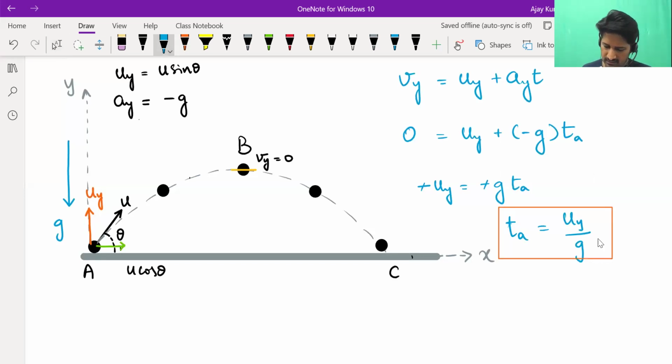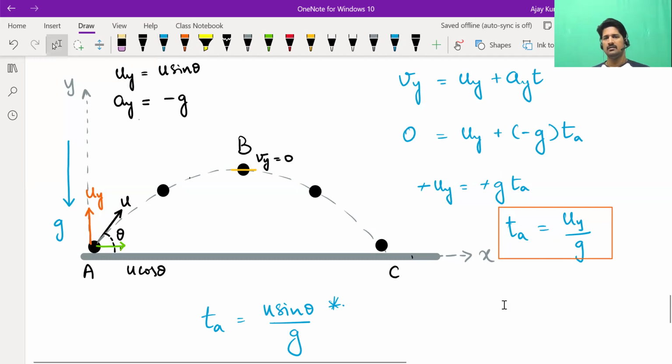In that case, the time of ascent becomes u sin theta divided by g. But again, you need to be very careful. You need to be sure that theta is the angle with the x-axis, not with the y-axis. Then only you can use this. Otherwise, generally remember uy by g.